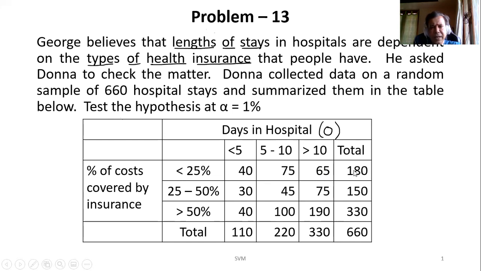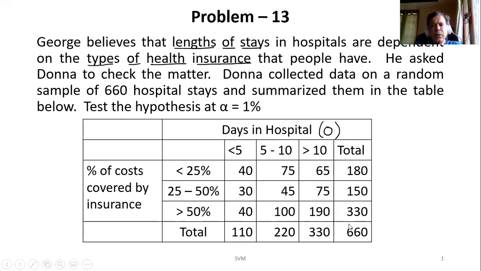So 180 is the total for less than 25% of cost covered by insurance, this is 25 to 50%, and this is more than 50% of cost covered by insurance. Likewise, 110, 220, 300 are the days: less than 5 days, 5 to 10 days, greater than 10 days.